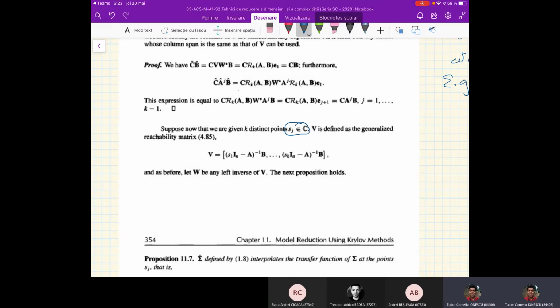However, this is not properly stated, because they should say here C minus the spectrum of A. Now we can define V in this form. Look at this specific form. This is called the generalized reachability matrix. I would say directly this is a Krylov projection. I don't like to use the notion of controllability and observability for such systems.